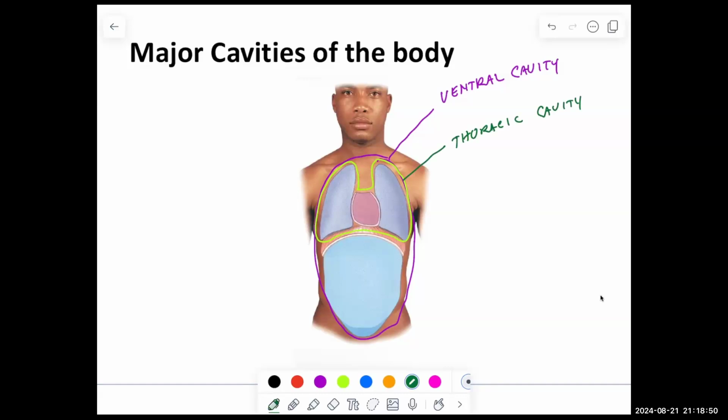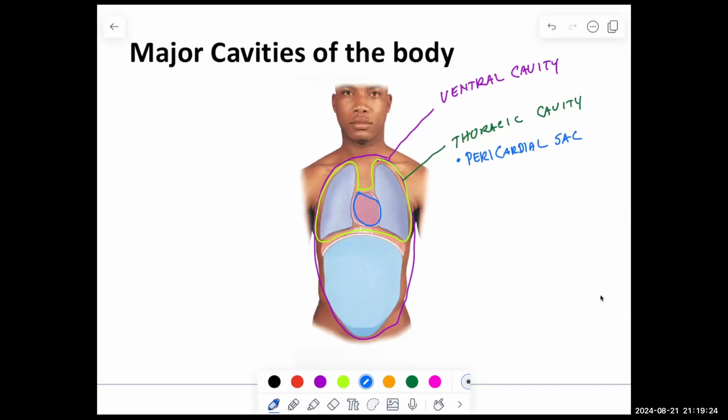And in your thoracic cavity, you have two major cavities. One that holds the heart, the pericardial cavity, pericardial sac. Peri literally means surrounding the heart. Cardial means heart. Pericardial sac, pericardial cavity, either one.